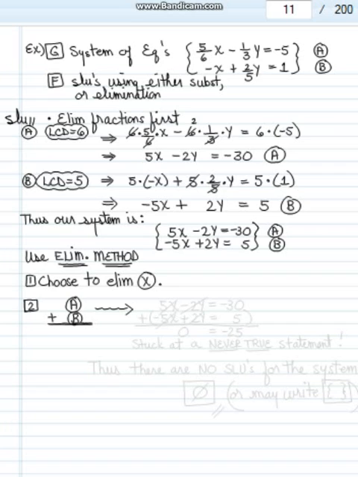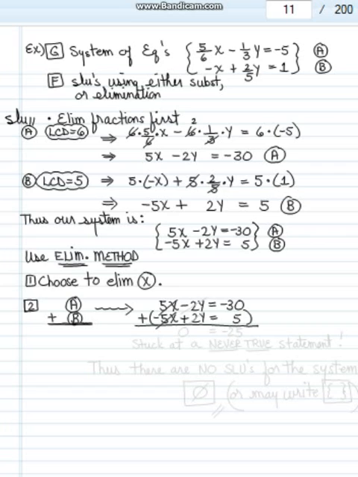So equation A is 5x minus 2y equals negative 30. Equation B is being added to that, negative 5x plus 2y, bring down the equal sign, then 5. Okay, now let's add these together. We did this to eliminate the x, and sure enough, 5x plus a negative 5x, they just cancel each other.